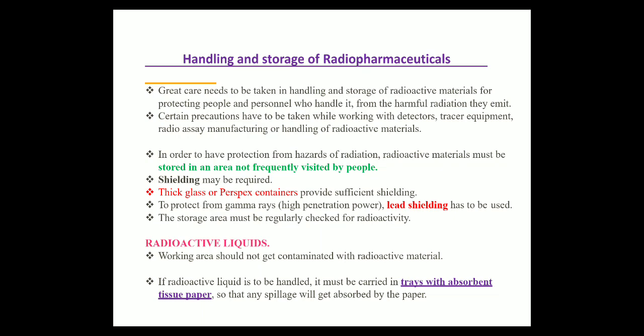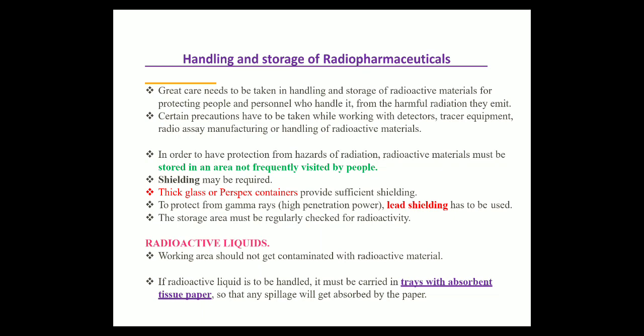To protect from hazards of radiation, radioactive materials must be stored in an area not frequently visited by people. It must be an isolated area where incoming and outgoing of people is restricted.